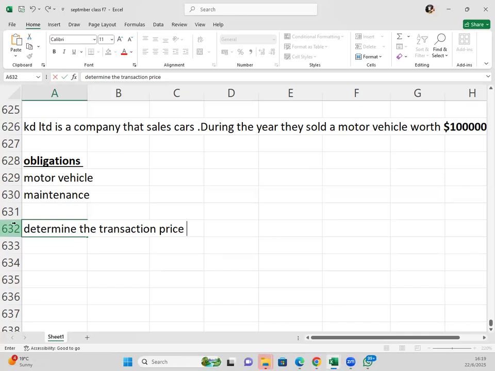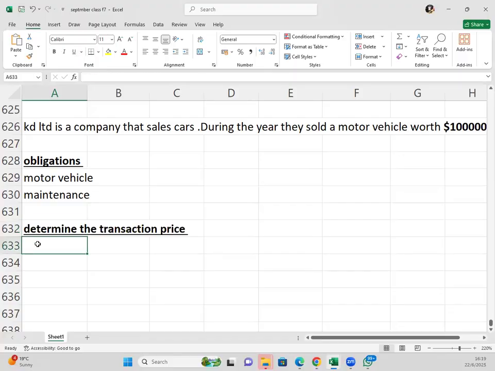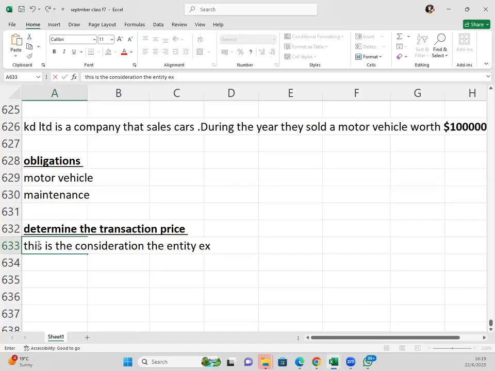Okay, let's move on. So in our case, the transaction price, you can say, is the consideration the entity expects to receive in exchange of the goods or services.